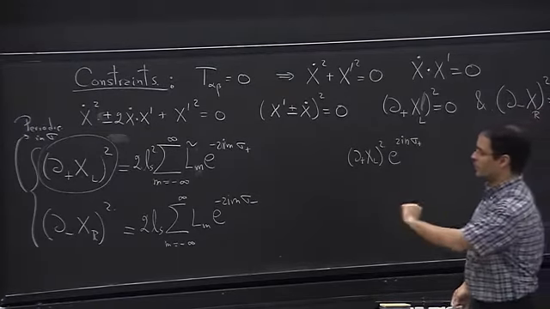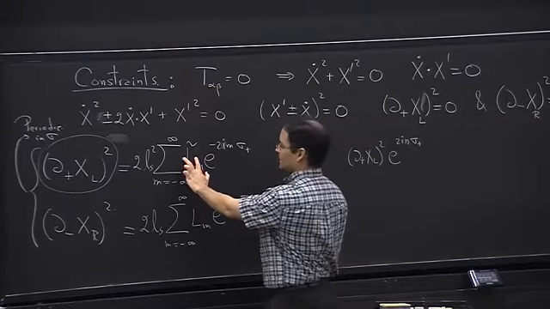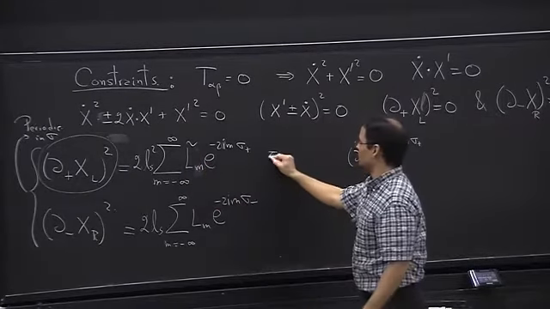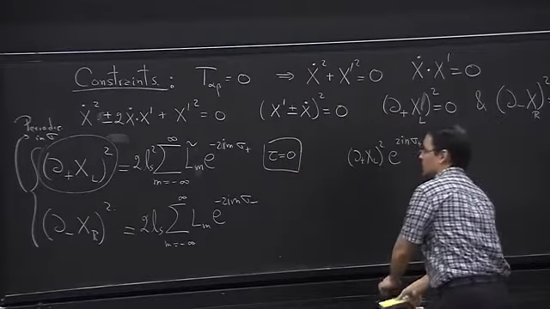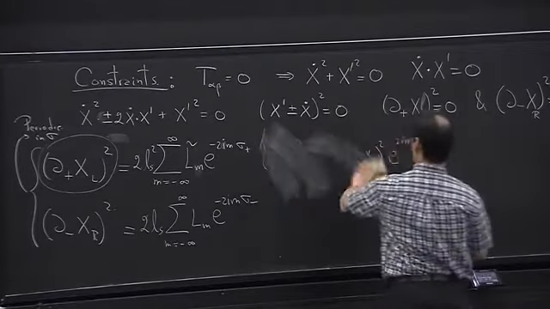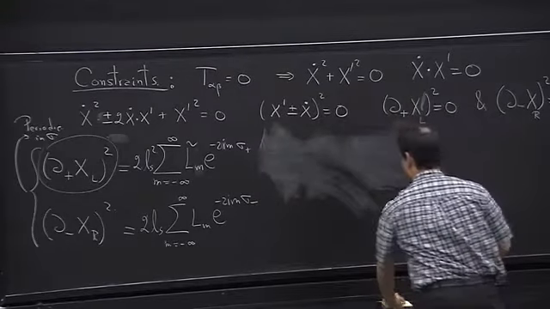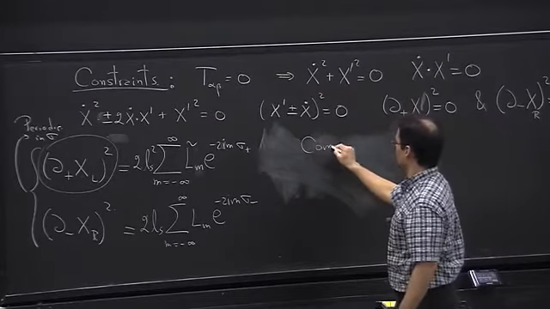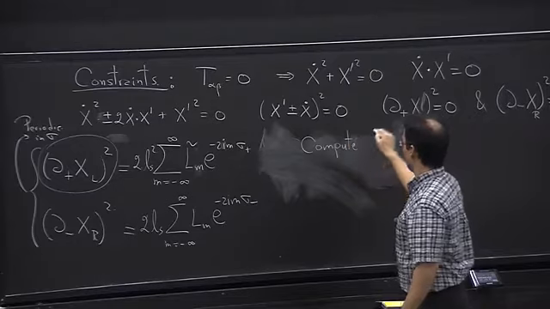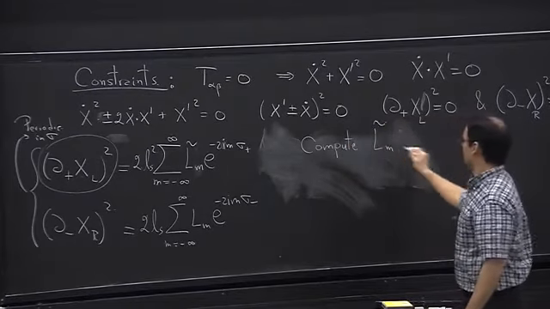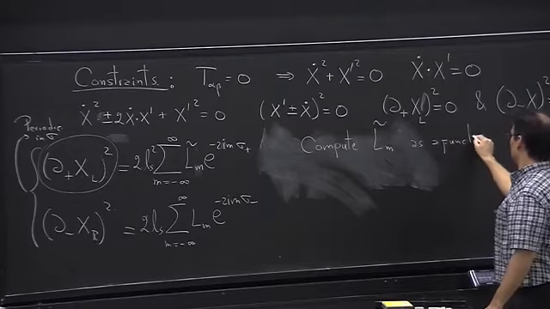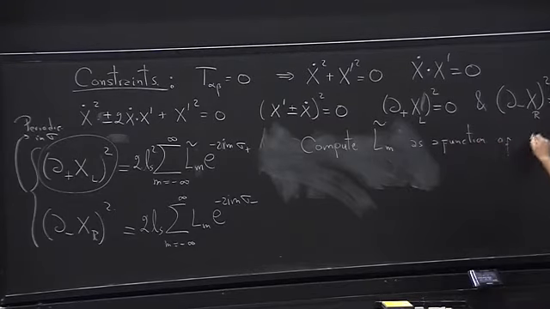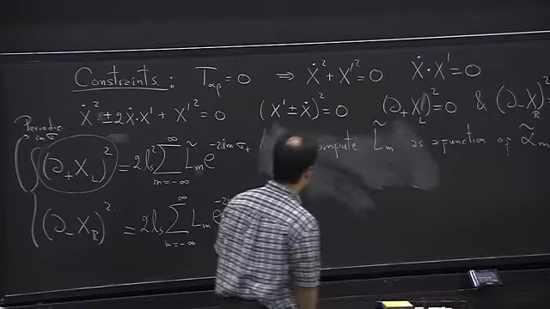If we want to compute these LMs, we can set tau to 0. Well, I should actually be more systematic here. So we want to compute this as a function of the alpha tildes.